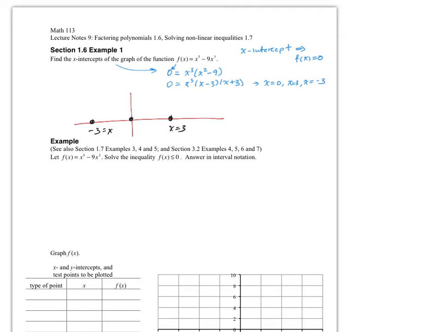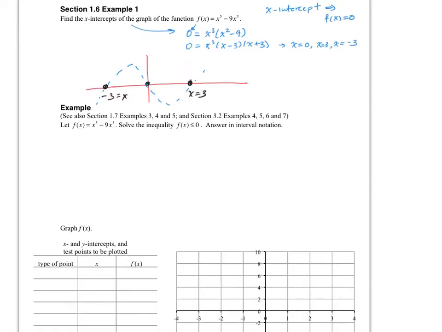That means the graph at these points equals 0, and you only have two choices. Either the graph is doing this, or the graph is going the other way. We're going to find out right now. So the graph either looks like this, or looks like this. This is how we're going to decide which one it is.